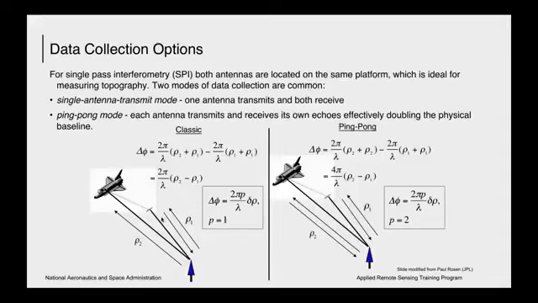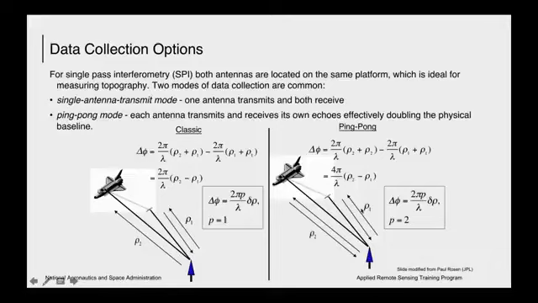interferogram. This is just showing that there are actually two different ways to operate the imaging systems. With the space shuttle, we had only one big antenna that transmitted. So we did what is called the classic mode, where we transmitted the signal from the main antenna, and then the signal came back to antenna 1 and to antenna 2.